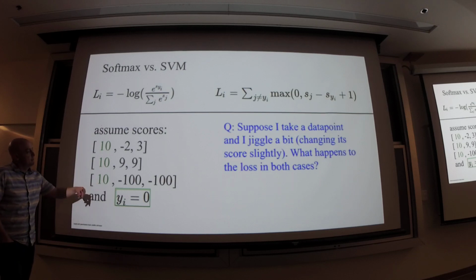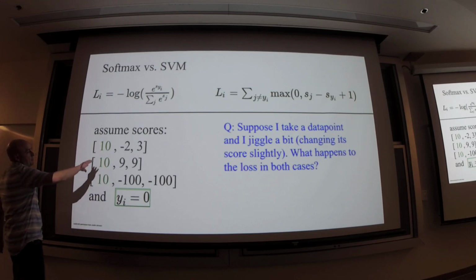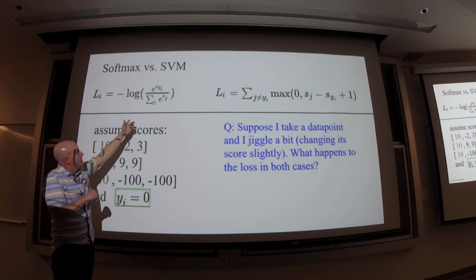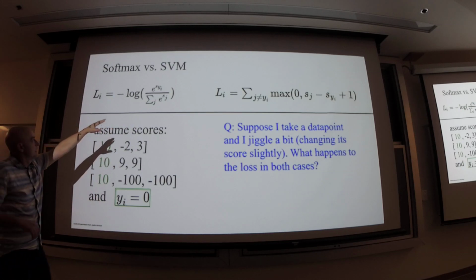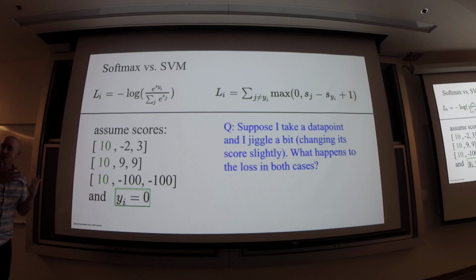Each of these puts you in a different place where it might be more or less sensitive to changes. But in general, small changes to the scores translate to small changes to the loss.